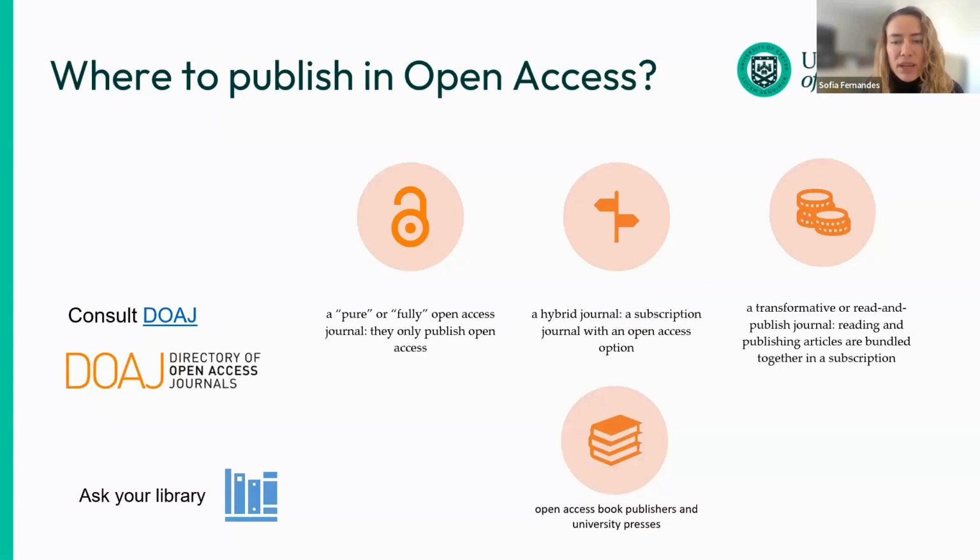It can also be via a transformative or read and publish journal, where the whole subscription paid by the university library already includes the publishing cost. If you don't know which publisher agreements that include transformative journals are available to you, contact the library. Or it can also be via open access books. In this case, book processing charges will also apply.